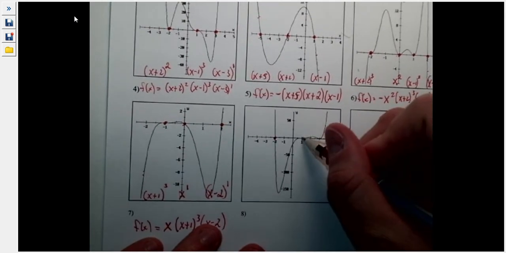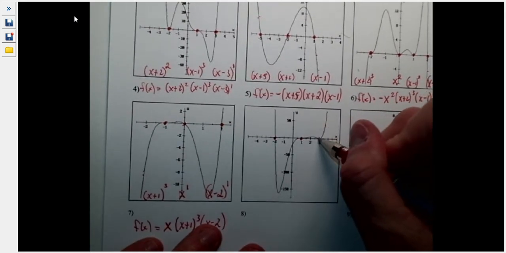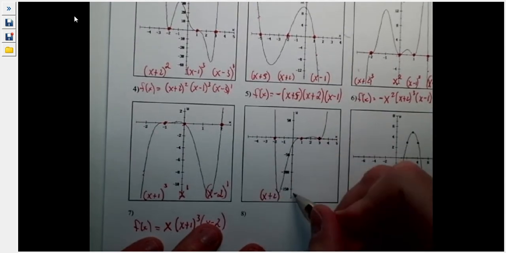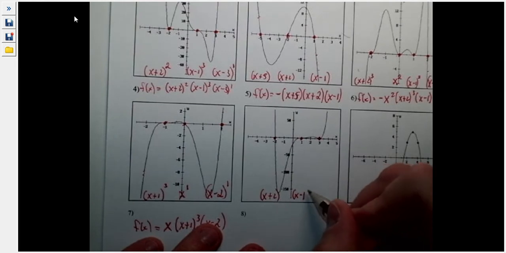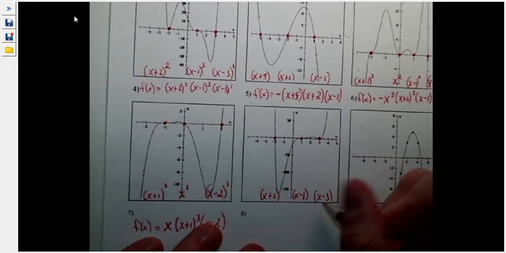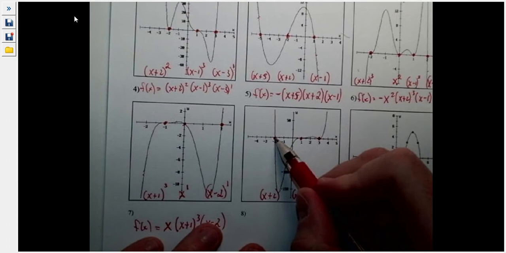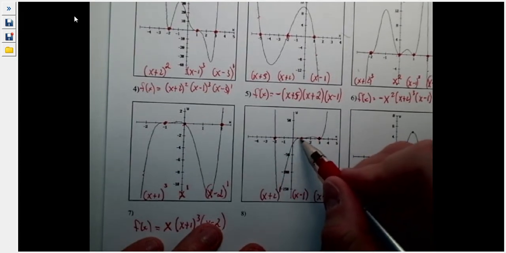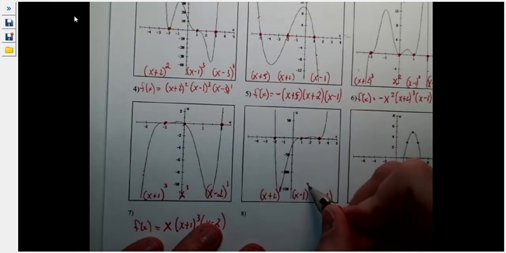Okay, a zero there, and a zero there. So x plus 2 there. This is x minus 1, and this is x minus 3. So again, this crosses linearly, so 1. And then this one, you can see how it flattens out, so that goes through cubically.